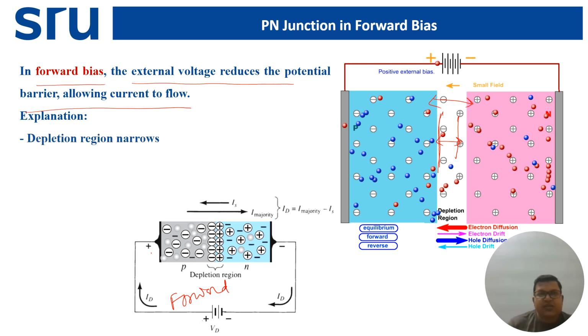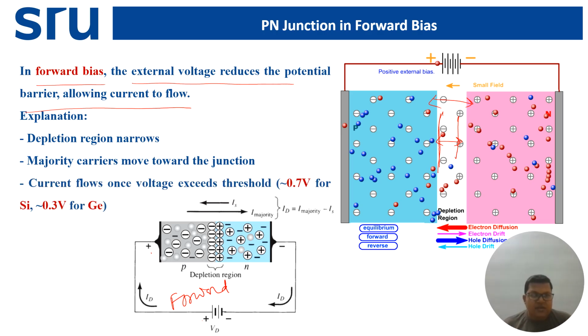What is the explanation for why it is happening? The depletion region narrows, and the majority carriers move toward the junction. Because the depletion region is shortened, more majority carriers are near the junction, and current flows once the voltage exceeds the threshold voltage: 0.7 volt for silicon and 0.3 volt for germanium.